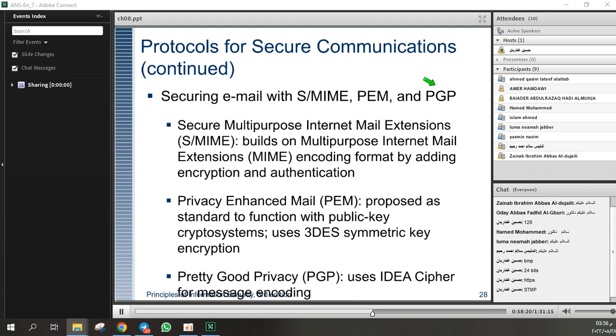So to secure it, we can use Secure Multipurpose Internet Mail Extensions, or we can use PEM, Privacy Enhanced Mail, or Pretty Good Privacy, PGP. There are three different strategies to secure the emails.